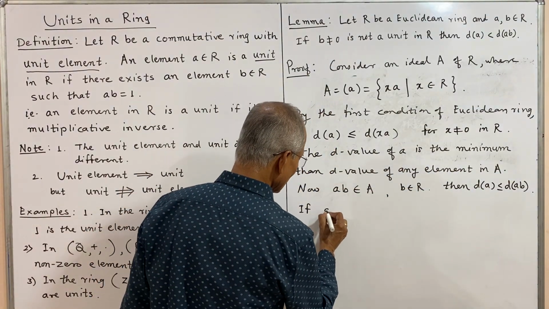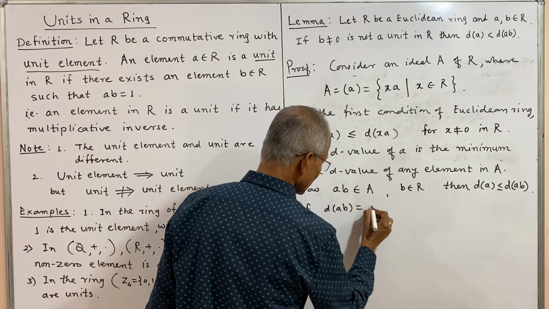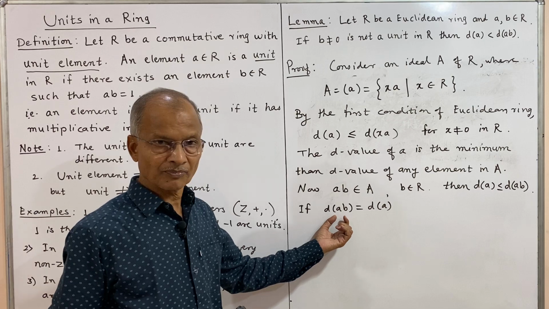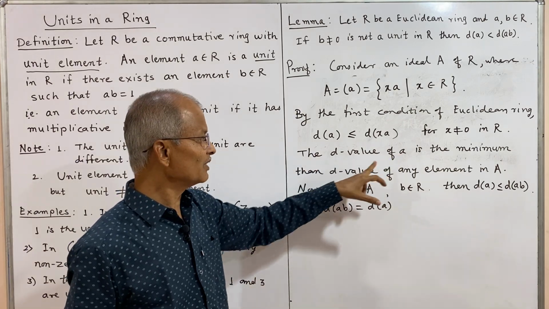If the D value of AB is equal to the D value of A, then the D value of AB becomes minimum, because we have written that the D value of A is minimum.